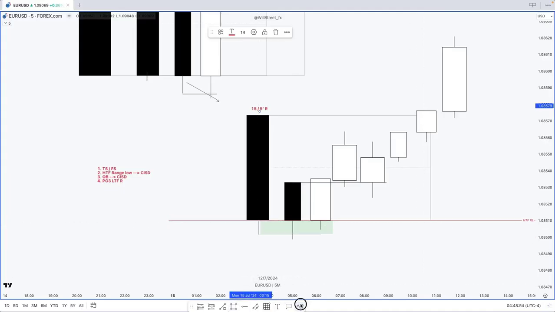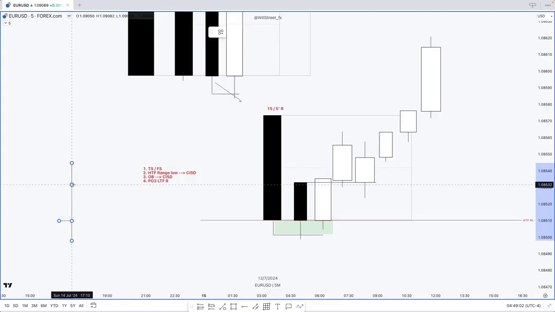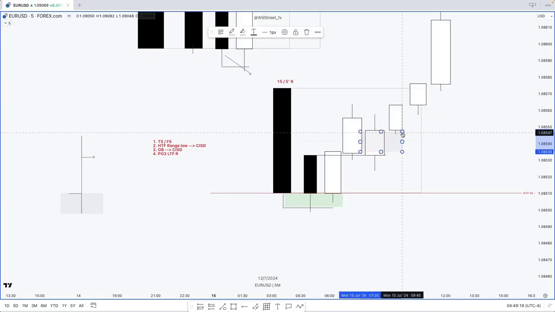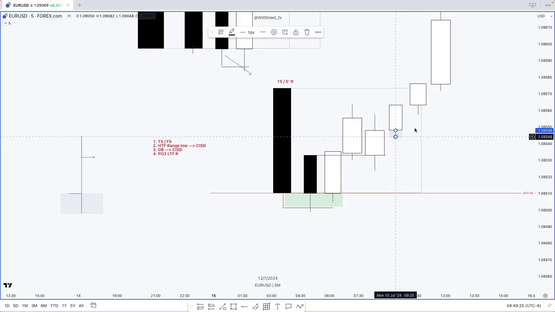So we can buy every single candle that does this inside the range. Here are our longs. Here, as soon as the candle opens, we go long. We can go long here, yep, because it is still inside the range.